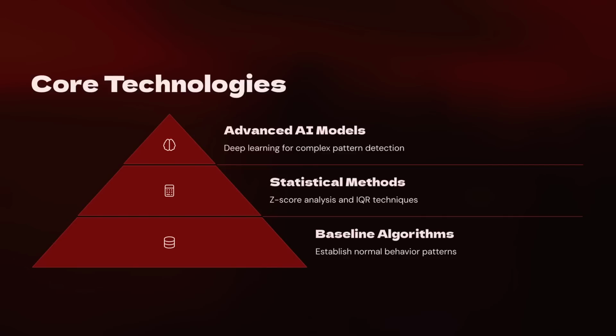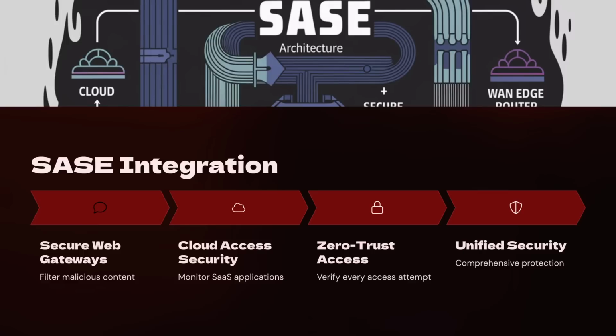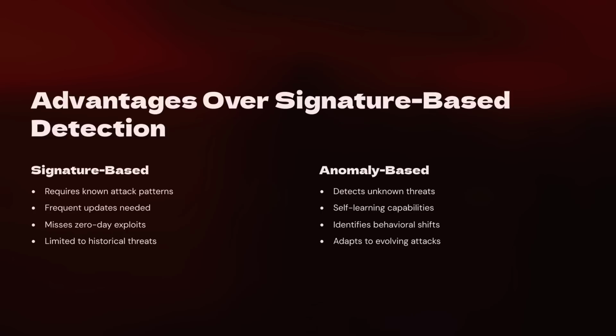At the core of real-time anomaly detection, advanced algorithms process vast amounts of data to establish baselines for expected behavior. Machine learning models such as isolation forests and local outlier factors, or LOF, are commonly employed to detect anomalies in high-dimensional data sets. These techniques are particularly effective for identifying fraudulent activities in financial systems and unusual access patterns in network logs.